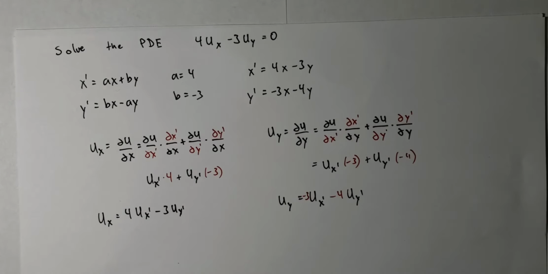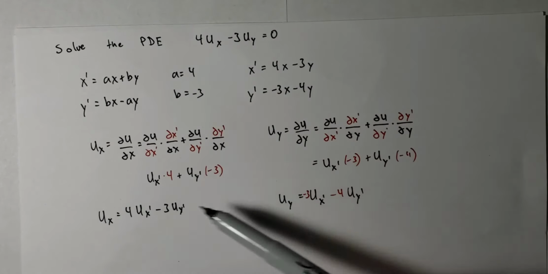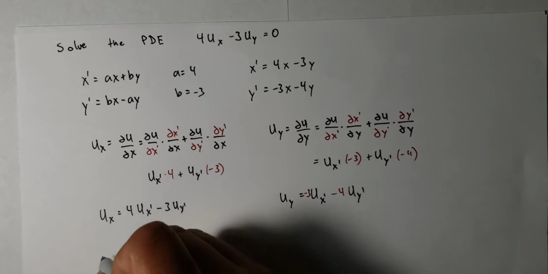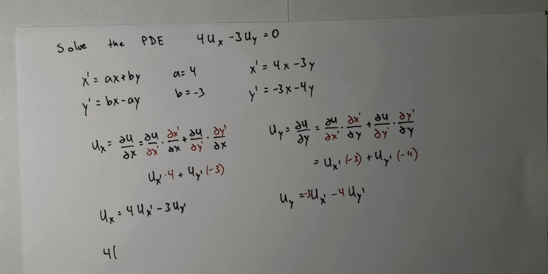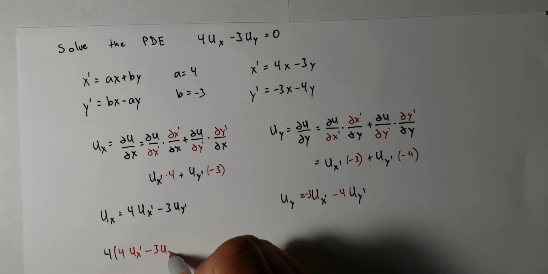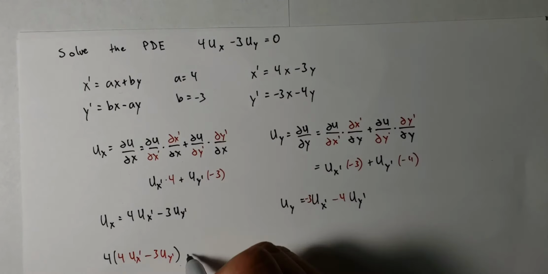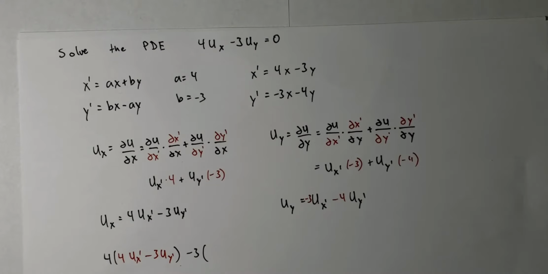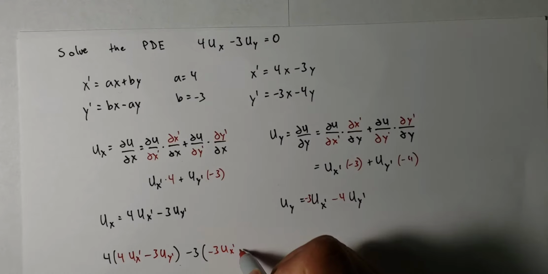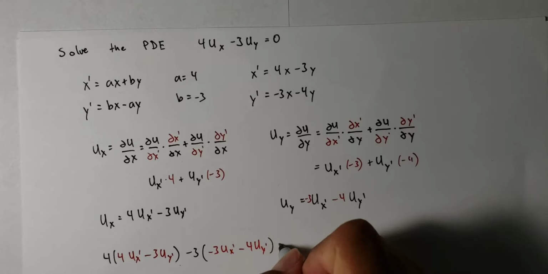Now we have to go back and plug it into our original equation, u of x, u of y, and we get the following. 4 times (4 u of x prime minus 3 u of y prime), minus 3 times (-3 u of x prime minus 4 u of y prime), equals 0.